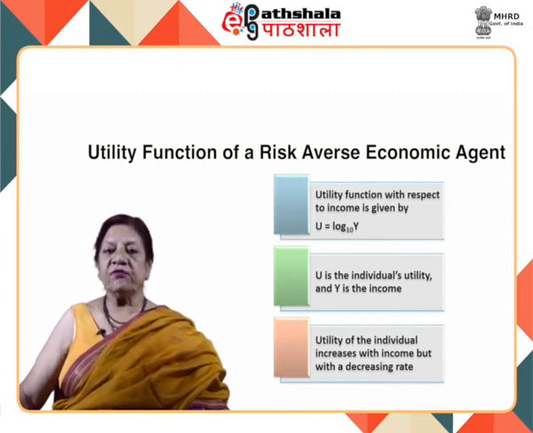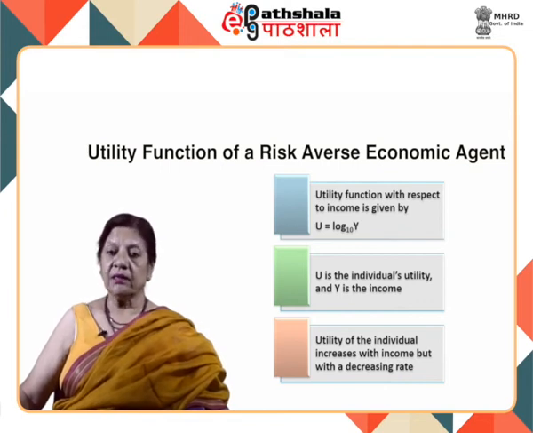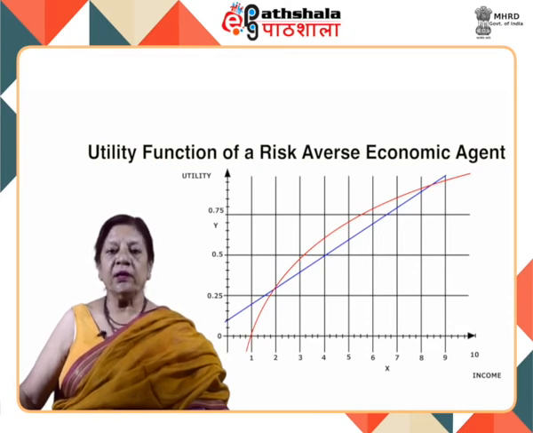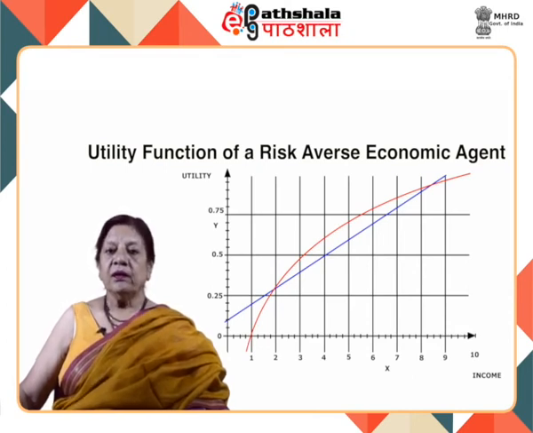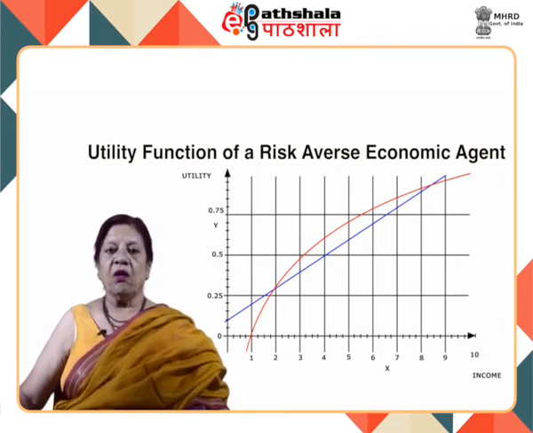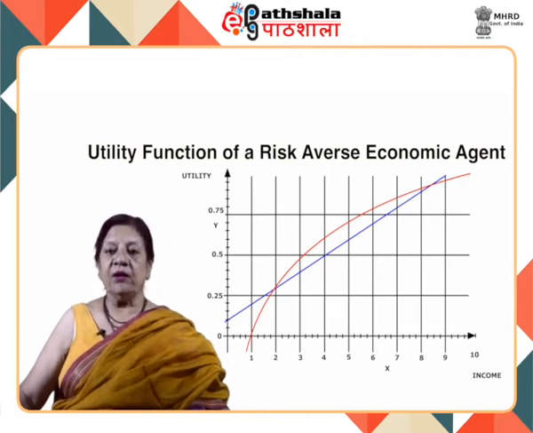This utility function shows that the utility of the individual increases with income, but at a decreasing rate. This function has been shown in the figure. Assume that this individual faces a risky prospect of either getting an income of 2 units with a probability of 0.5 or an income of 8 units with a probability of 0.5.